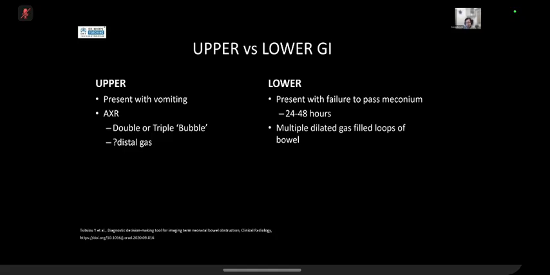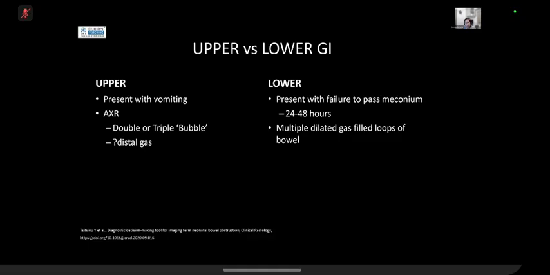On X-ray, depending on what bubbles you see, is it a single, double, or triple bubble, you can tell whether there is some form of atresia: gastric atresia, duodenal atresia with a double bubble, or jejunal atresia with a triple bubble. And of course, whether there's distal bowel gas or not matters, because if there is, maybe it's not atresia after all, since atresia is a complete occlusion of your bowel lumen.